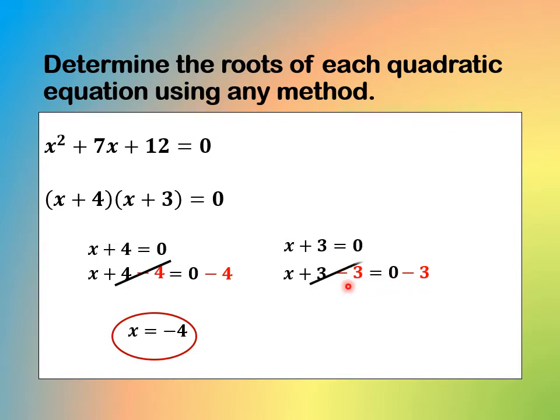So, 3 minus 3, magiging 0 na yan. So, x ang matitira sa left side ng equation is equal to 0 minus 3, that is equal to negative 3. Therefore, the roots of x squared plus 7x plus 12 is equal to 0 are negative 4 and negative 3.